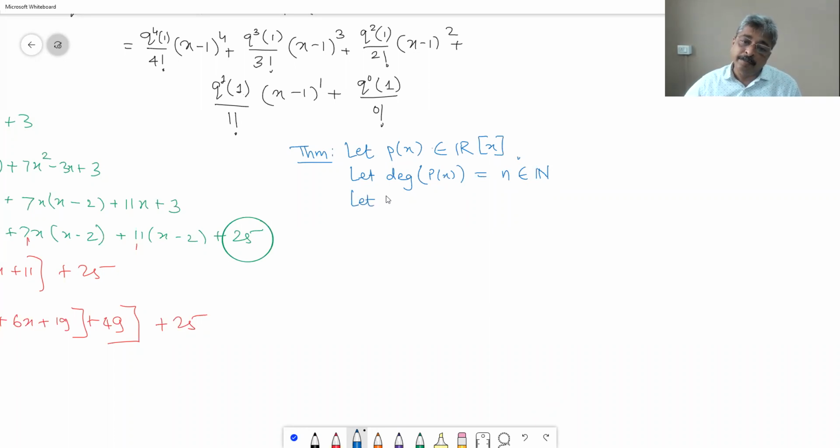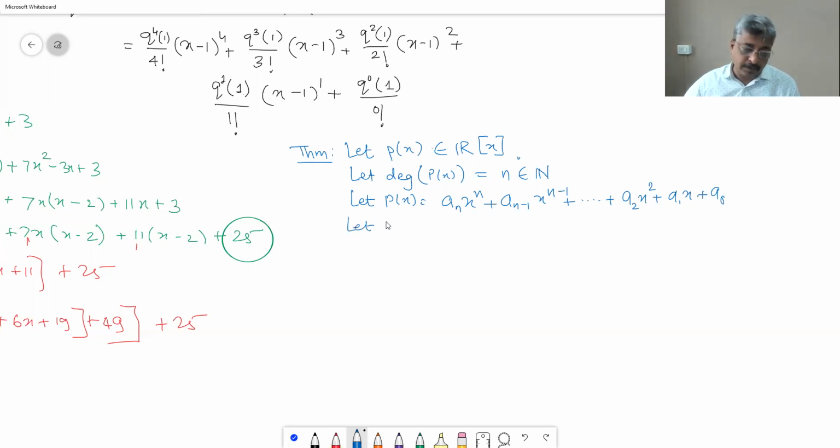Let P of x look like a n x raised to n plus a n minus 1 x raised to n minus 1 plus dot dot dot plus a2 x square plus a1 x plus a0.